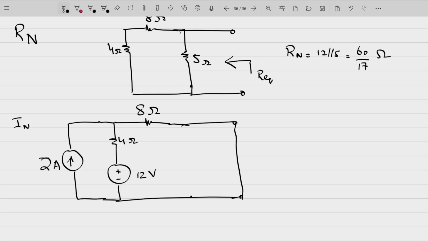Now you have this circuit, you have to find the value of current flowing from here.